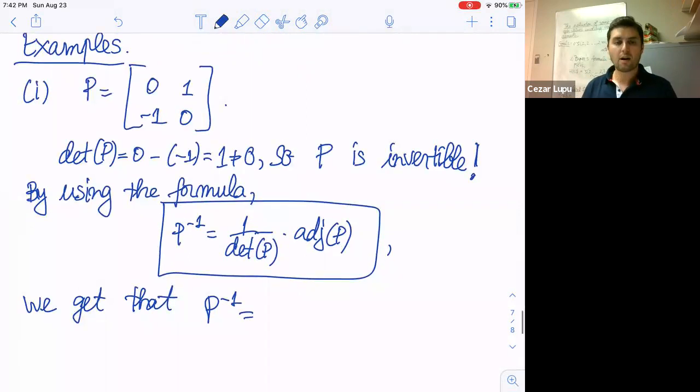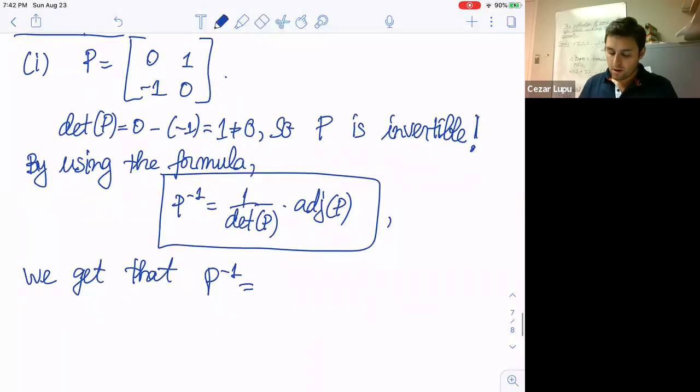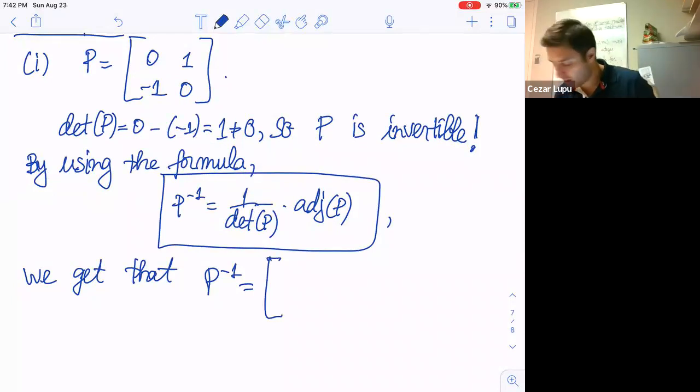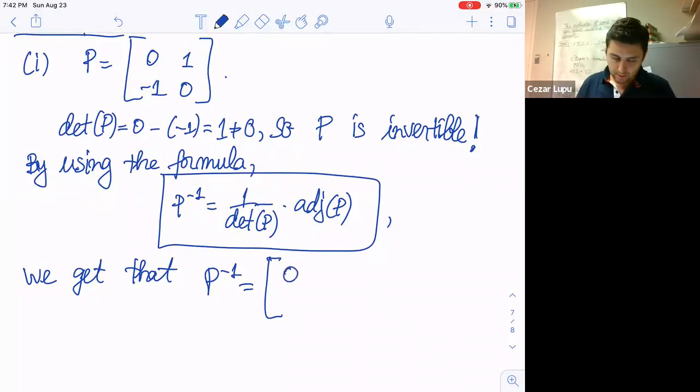By doing all these computations, you will find that P inverse is 0, -1, 1, 0, and clearly this is nothing else than P transpose.